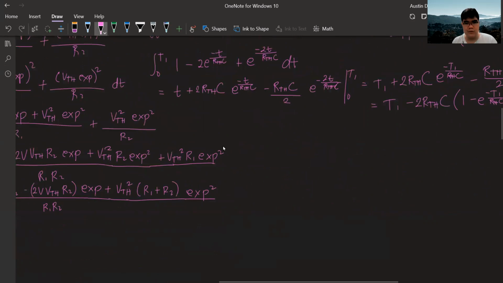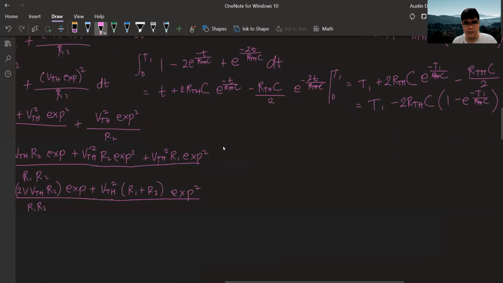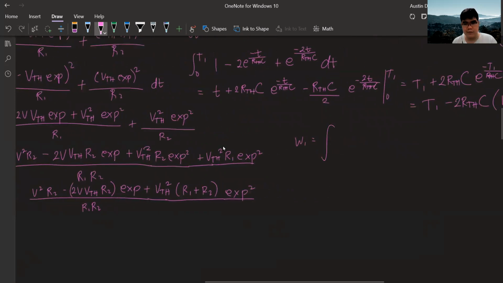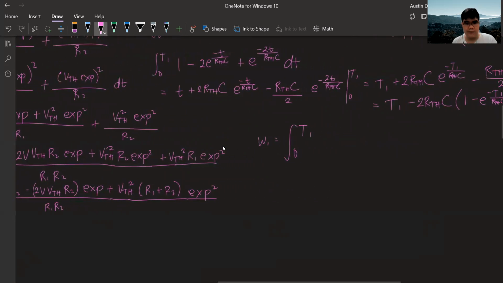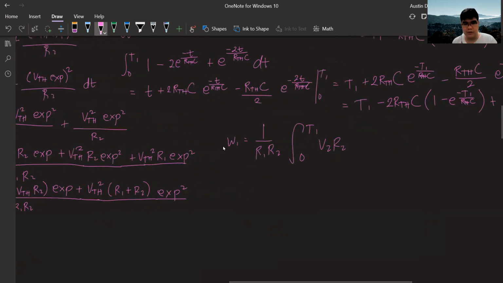So W1 would be integrating everything from 0 to t1. Okay, factor out ko yung 1 over R1 R2 para hindi tayo mahirapan, 0 to t1 ng V squared R2, so that's d tau.